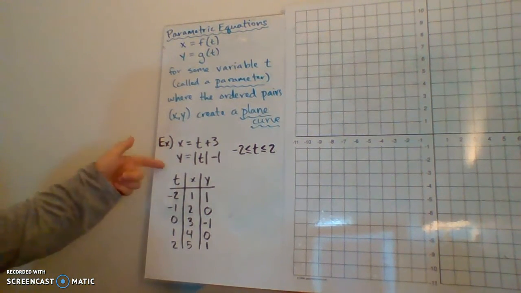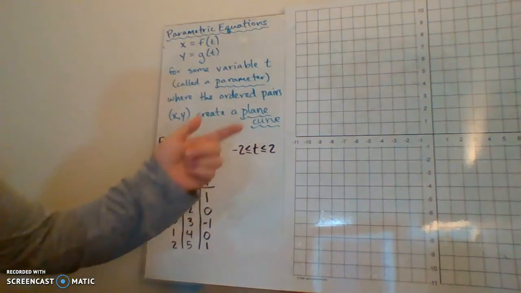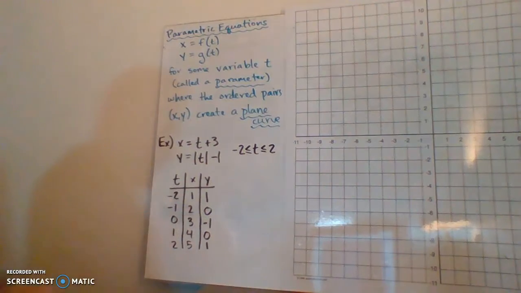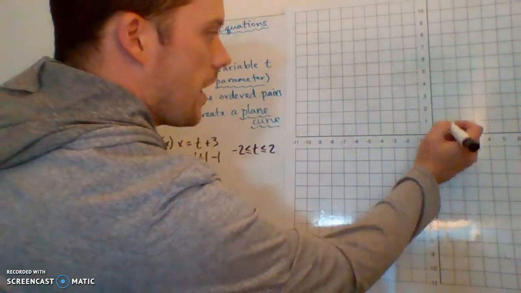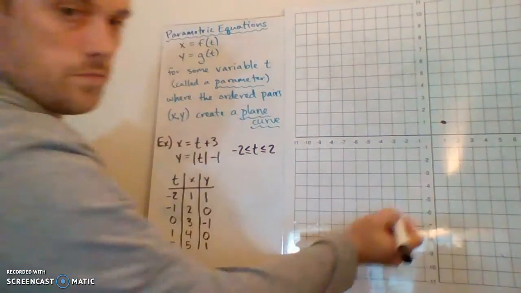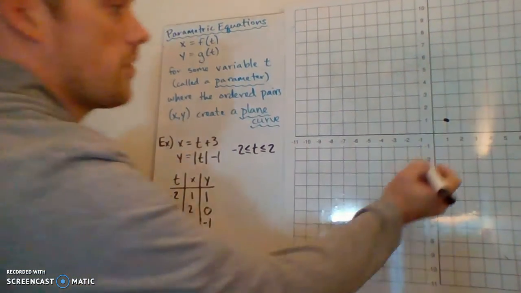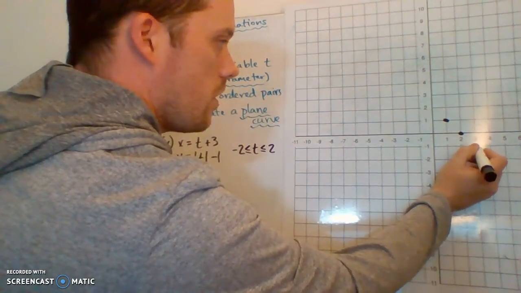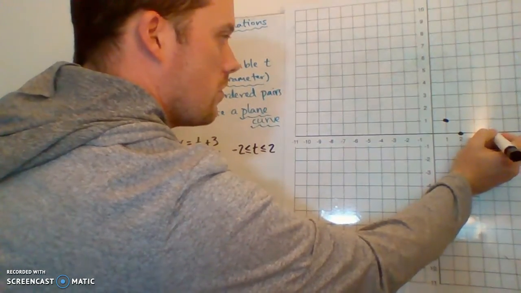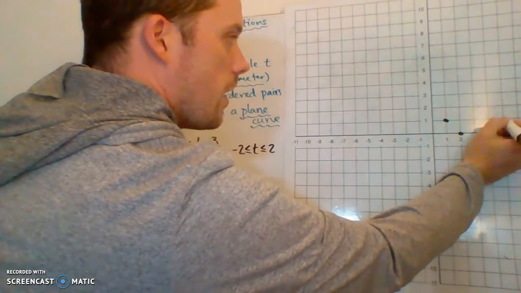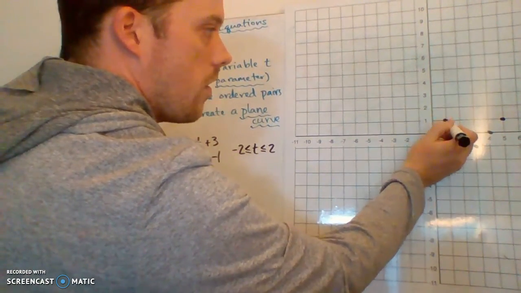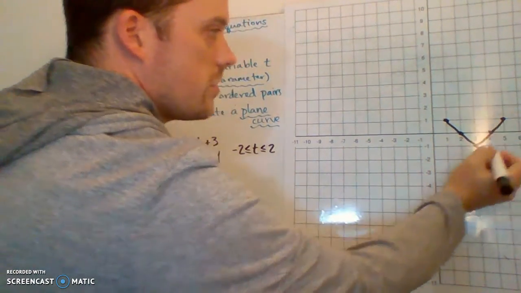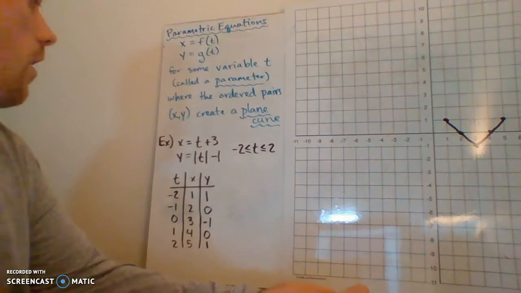Notice how this t value isn't going to be represented on our graph. It's a way to help us find what our x and y values are. So I've got 1, 1, 2, 0, 3, -1, 4, 0, and 5, 1. And now this gives us what appears to be an absolute value function.